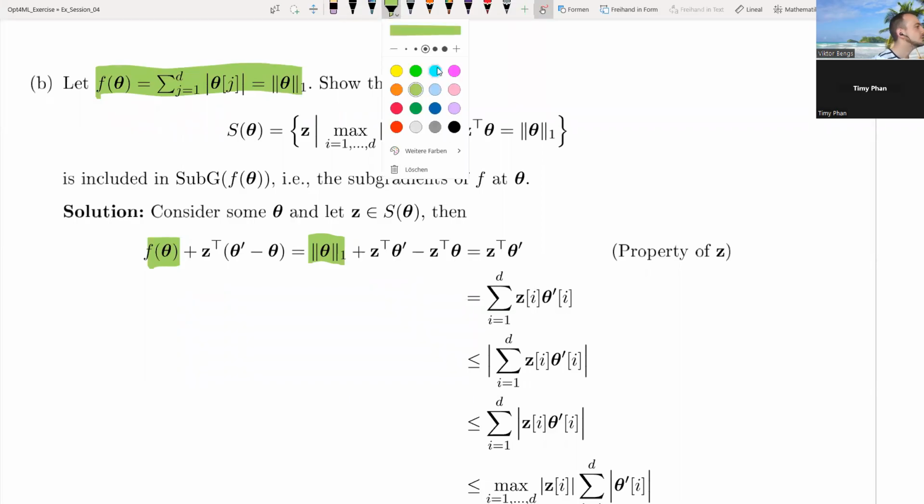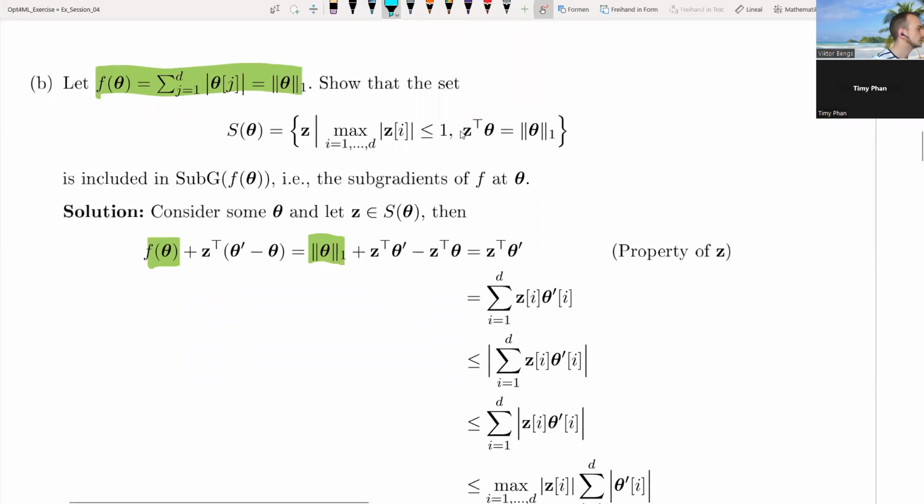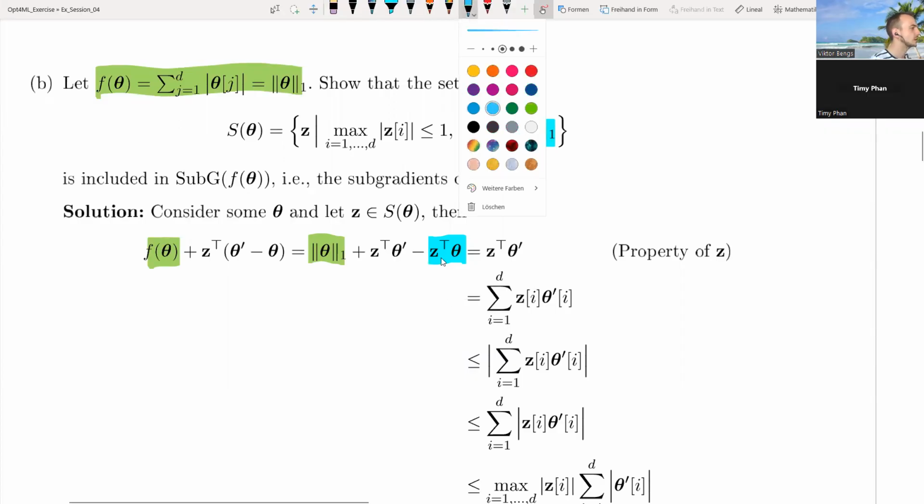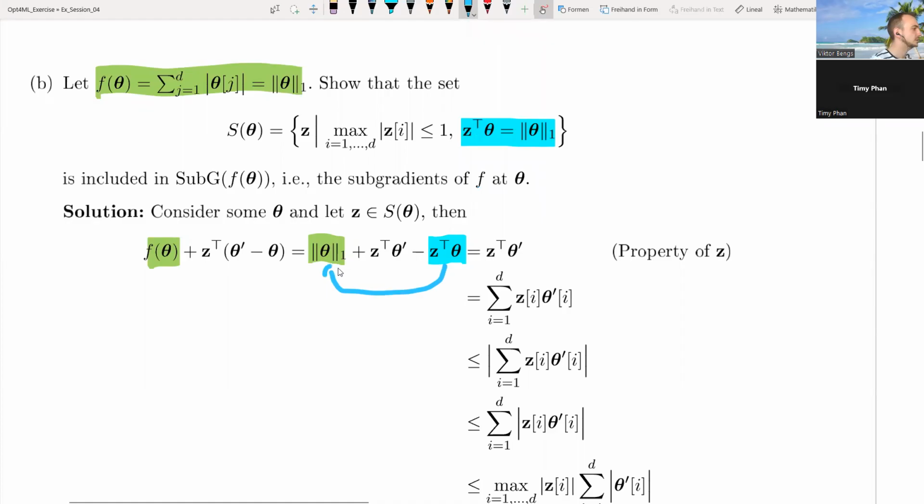Now we use that our z is in the set, and if it is, it's telling us that this here is the same as this here. But here we have it with a minus, here we have it with a plus, so they are canceling out each other. And what remains is only the inner product between z and theta prime.